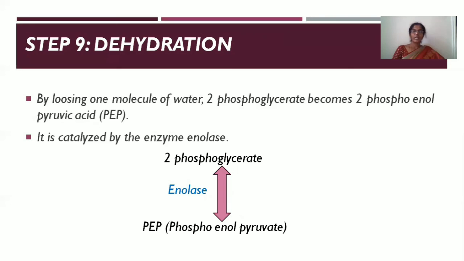In the presence of the enolase enzyme, 2-phosphoglyceric acid loses a water molecule and converts into phosphoenol pyruvic acid. Here the products are PEP, that is, phosphoenol pyruvic acid, and a water molecule.